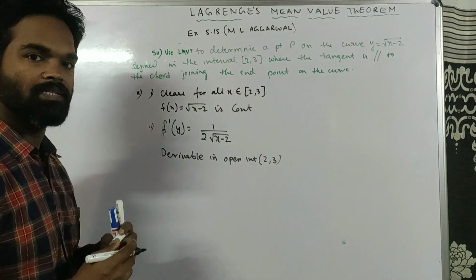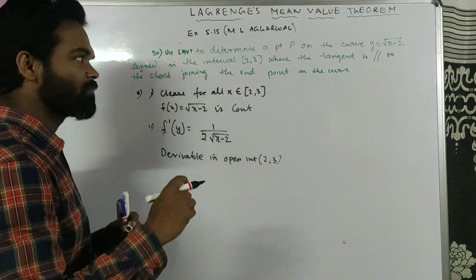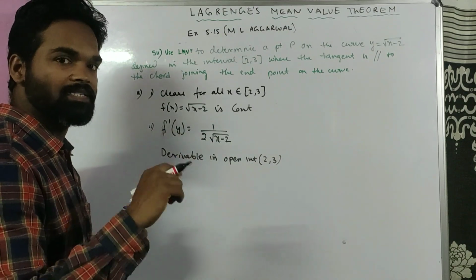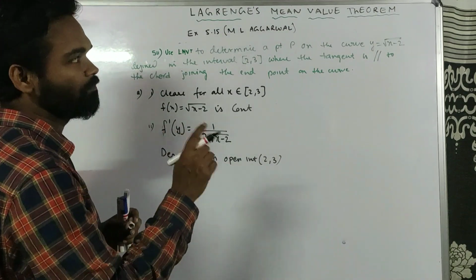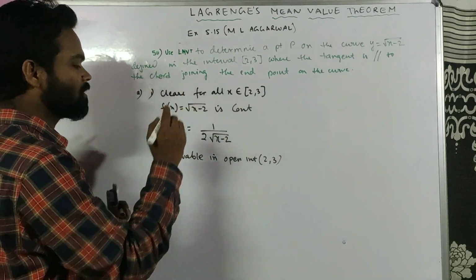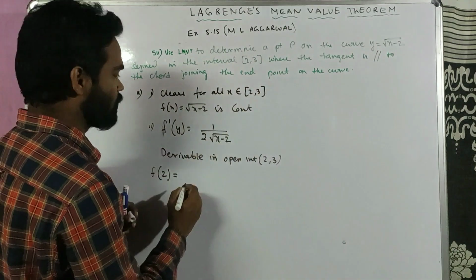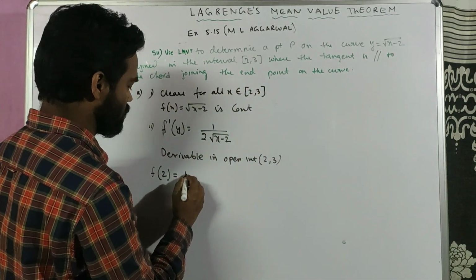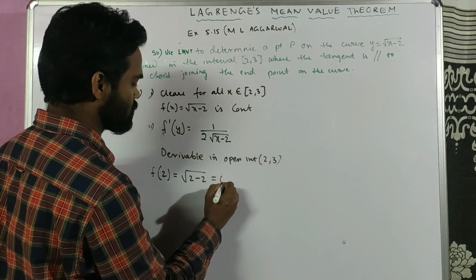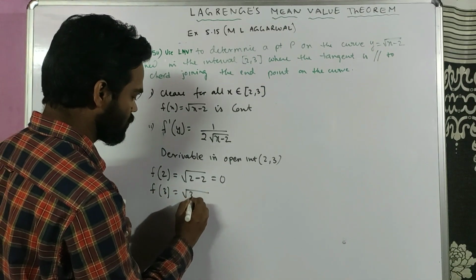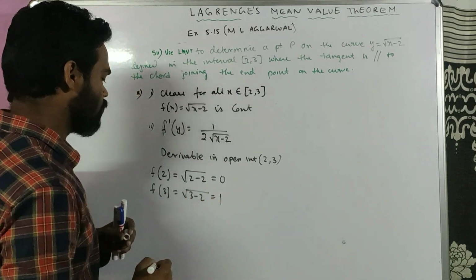So these 2 conditions are satisfied, which means there exists a point, a real number rather, C, such that f dash C equals f(b) minus f(a) by b minus a. Now find f of a. We'll put 2, so it will be 2 minus 2, that's 0. f of 3 is root over of 3 minus 2, that's 1.